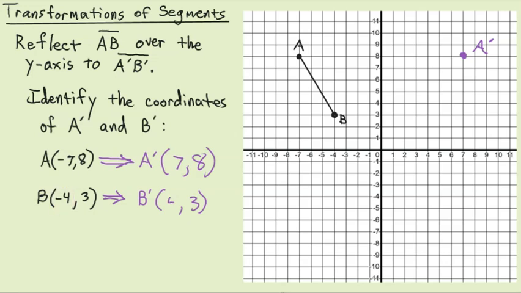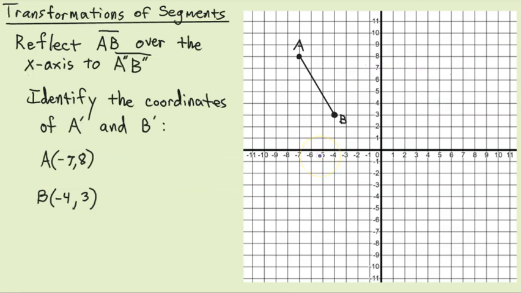Well, negative negative 4 is positive 4, so it's going to be at 4, 3. There's our B prime. And now we're just going to draw a segment between them. There we go. And so now this whole segment A prime, B prime, is a reflection of segment AB over the y-axis. Let's try another one.